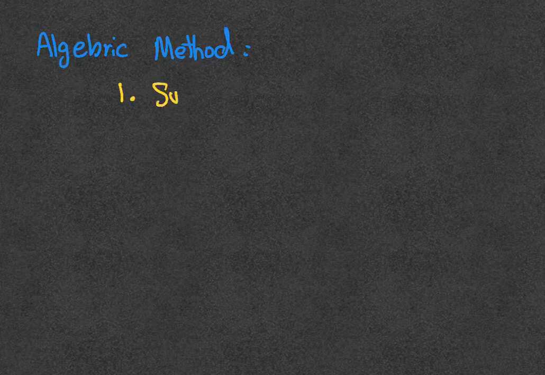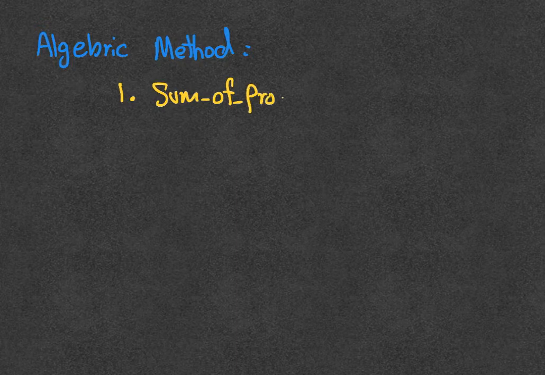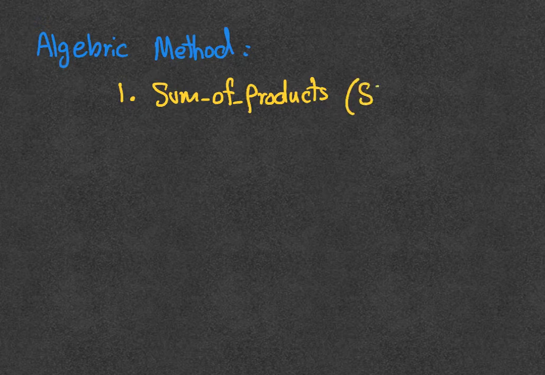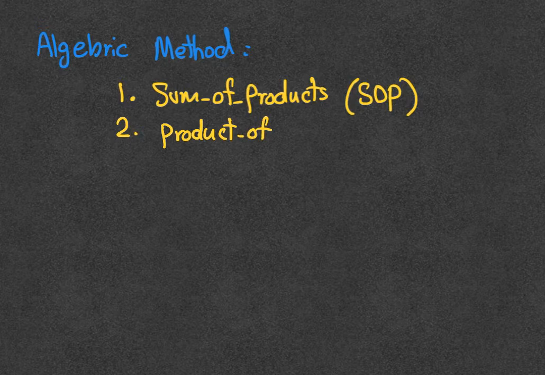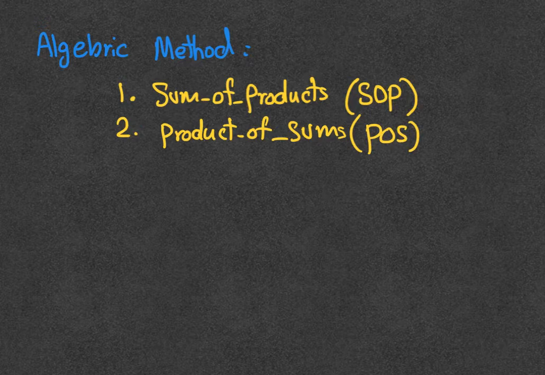One is sum of products, which in short is SOP, and the other one is product of sums, POS.